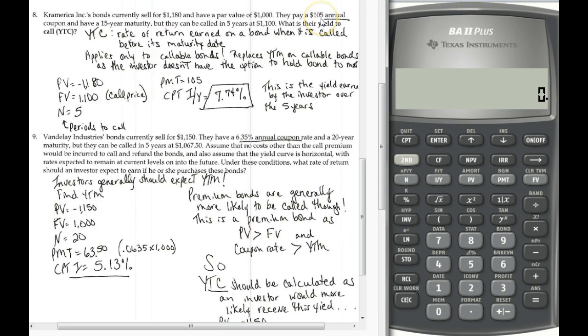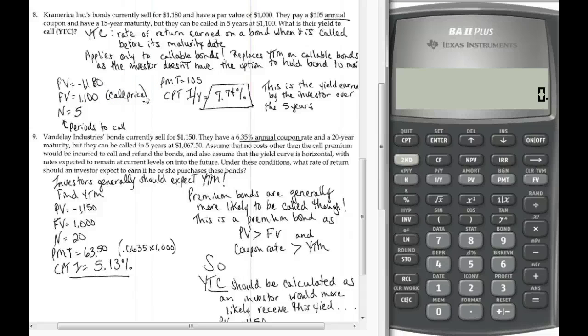They pay a $105 annual coupon payment, and they have a 15-year maturity, but they can be called in 5 years at $1,100. So they're called typically higher than par. We call that a call premium or the call price. The company, the issuer of the bond, is paying a premium for that option to call the bond.